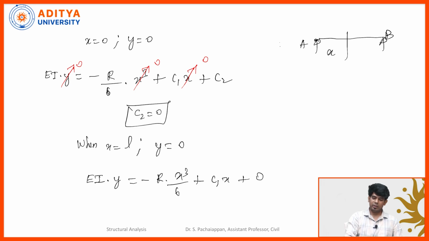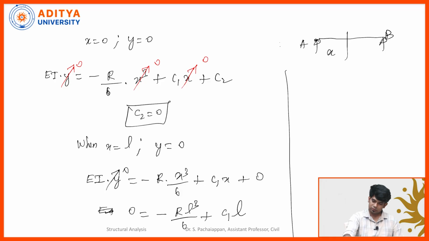Now we are going to do x is equal to L. So EI into y is already 0. So 0 equals minus of RL cube by 6 plus C1 L. So C1 L equals RL cube by 6.